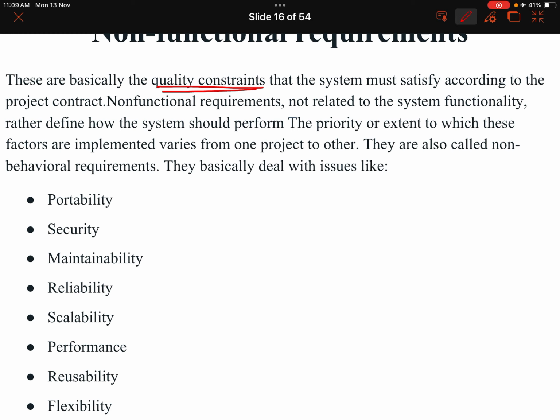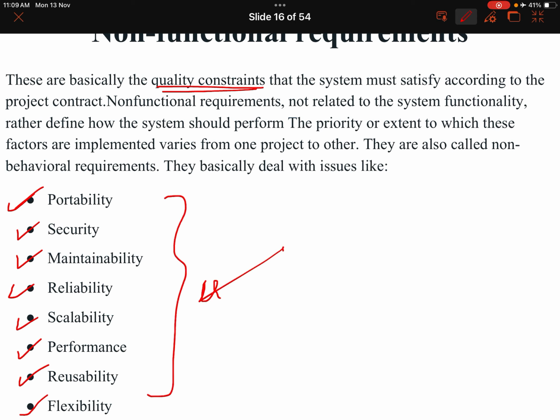The priority or extent to which these factors are implemented varies from one project to another. They are also called non-behavioral requirements. They deal with issues like portability, security, maintainability, reliability, scalability, performance, reusability, and flexibility.